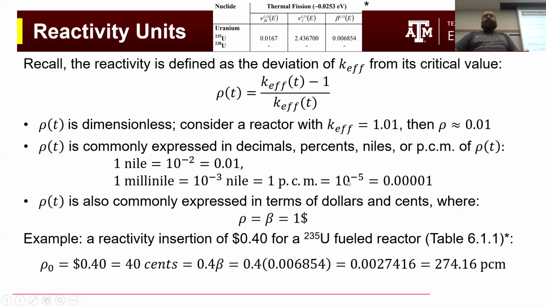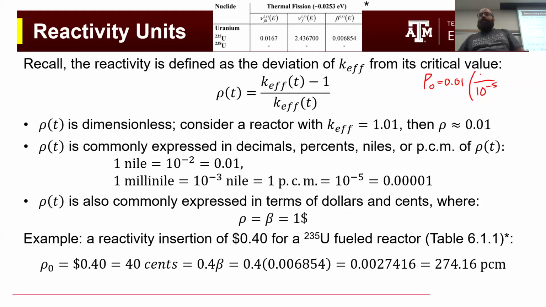So it's basically doing unit conversions. If I wanted to take this reactivity insertion as a number and convert it into PCM, then one PCM is equal to 10 to the negative 5. So if I wanted to take this and convert it into PCM, then I would say I have a rho 0 of 0.01, and I'm going to multiply by 1 PCM on the top and 10 to the negative 5 on the bottom.